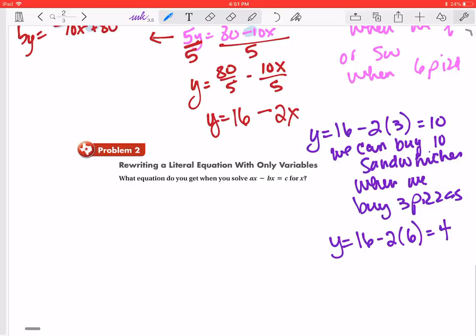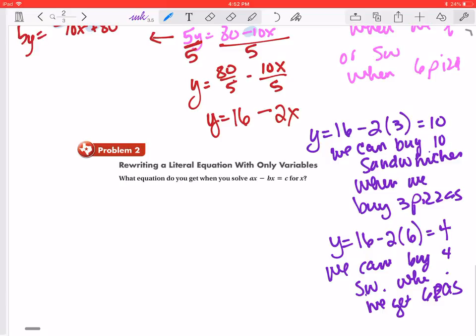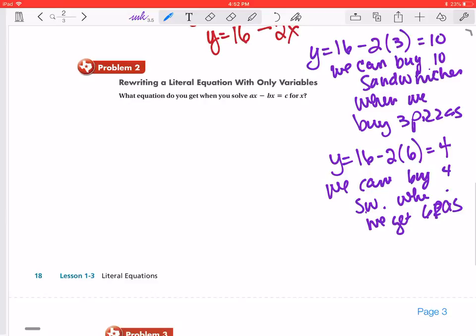So when we buy 6 pizzas, we can only buy 4 sandwiches. So we can buy 4 sandwiches, I'm just going to put SW, when we get 6 pizzas. Okay? And that is our answer for both of those questions.